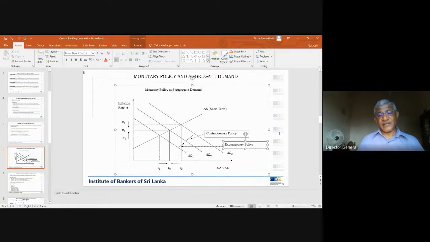That's one question. Let me read it again. Monetary policy can be either contractionary or expansionary, depending on what the central bank does.